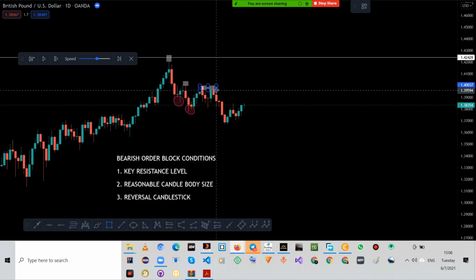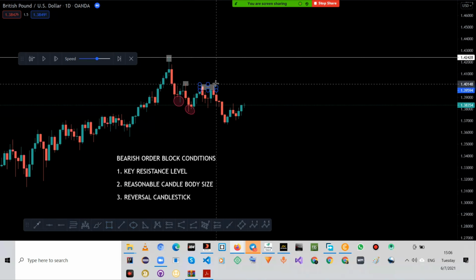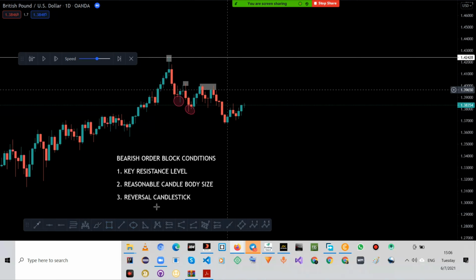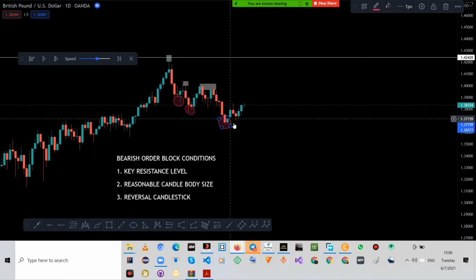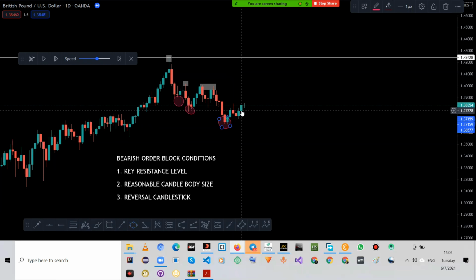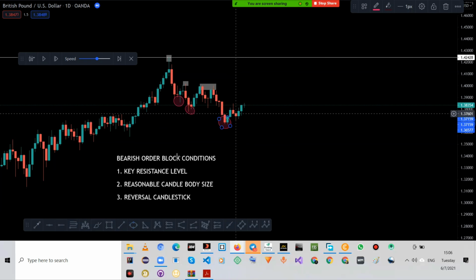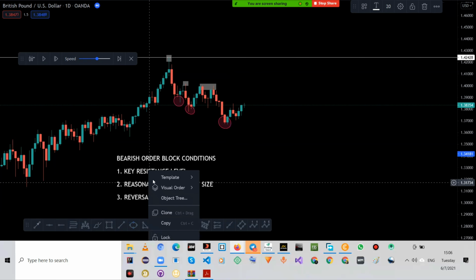Since this is the same level, we're just going to incorporate it into the same thing, and then another lower low. After getting a lower low, we now know that this is a downtrend. So after we are in a downtrend, that simply means that we are continuing to go downward.